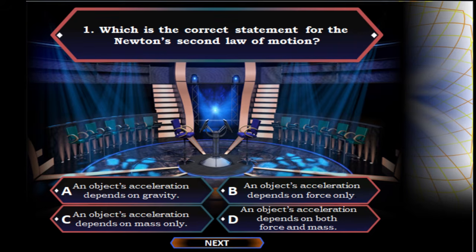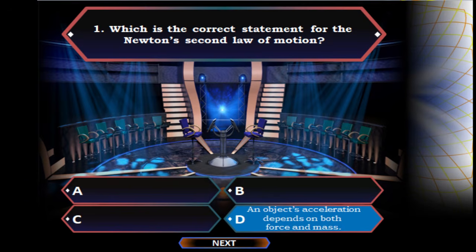D. An object's acceleration depends on both force and mass. The answer is letter D. An object's acceleration depends on both force and mass.